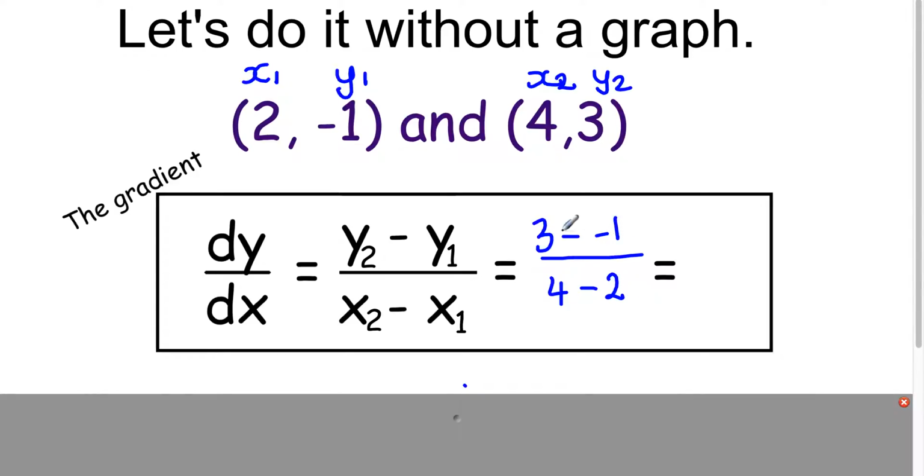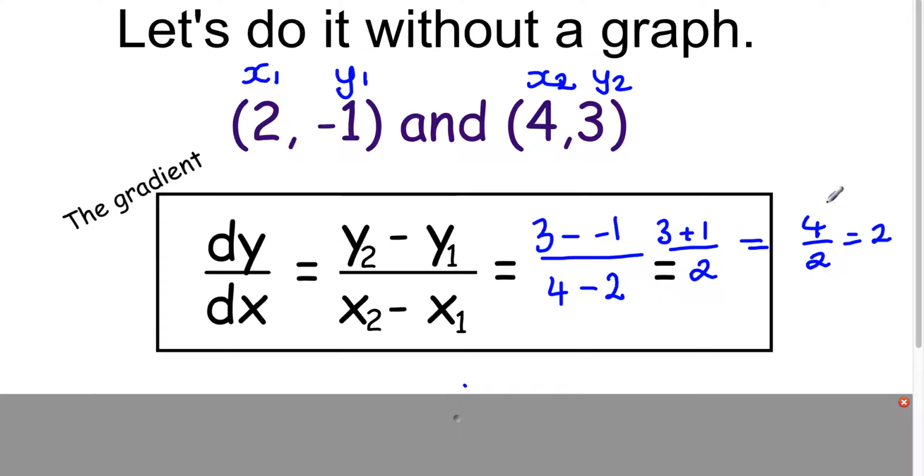Just be careful, when you have 3 and you subtract a -1, that turns into a positive. It ends up being 3 plus 1, and the denominator is 2. That gives us 4 over 2, and therefore we have 2 as our gradient.